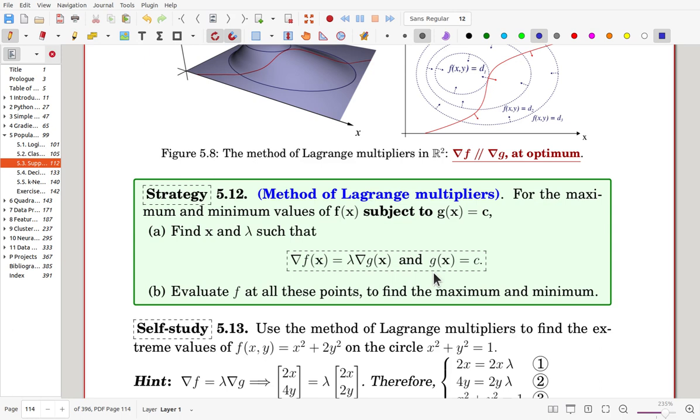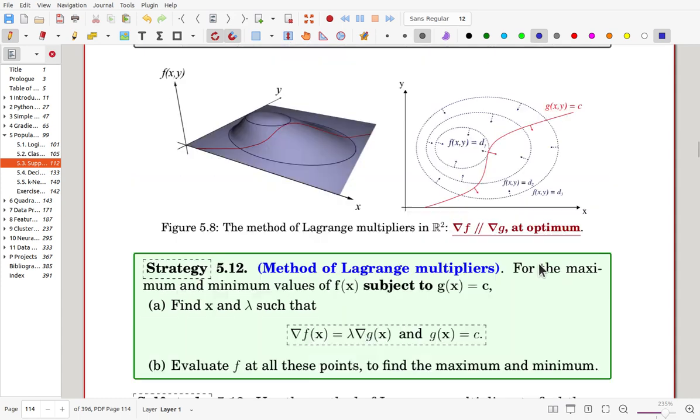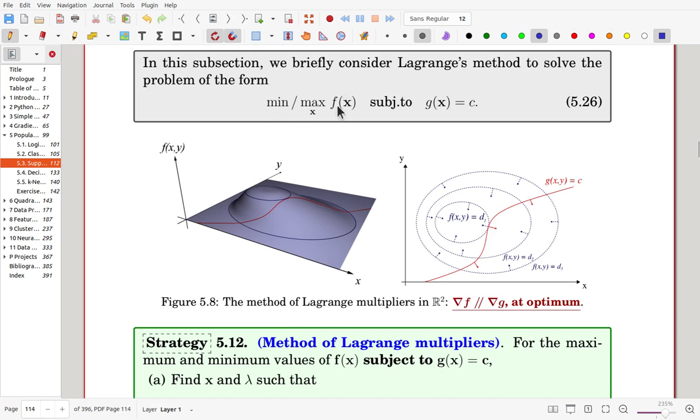In fact, because the number of equations is the same as the number of variables, it has a finite number of solutions. So that's the system we have to solve to find the optimum value. Of course at x, the constraint should be satisfied, so this constraint is the more important one to satisfy.